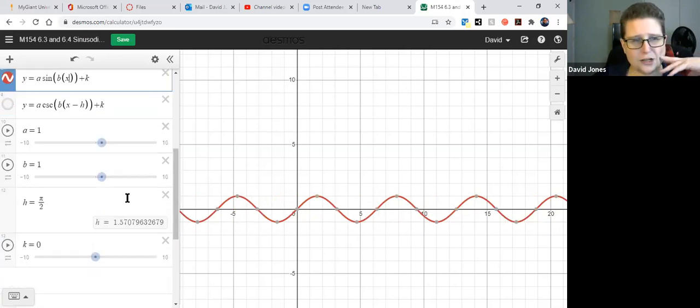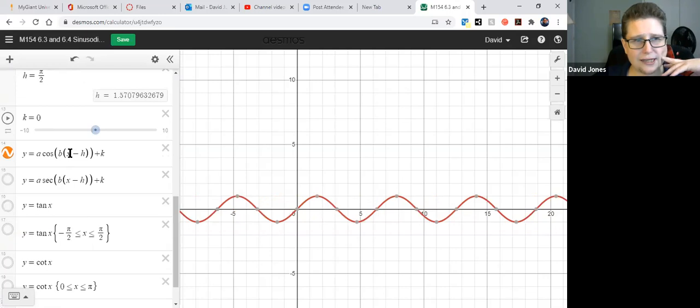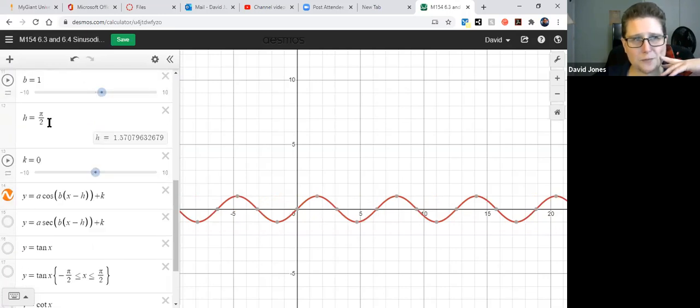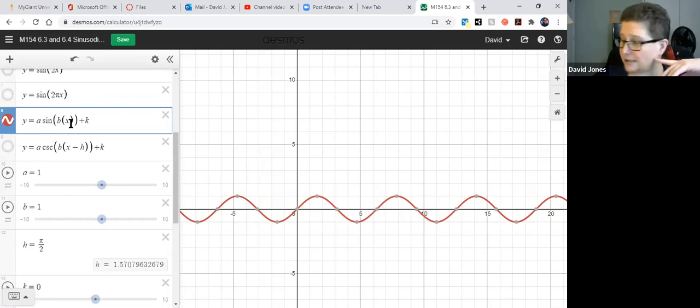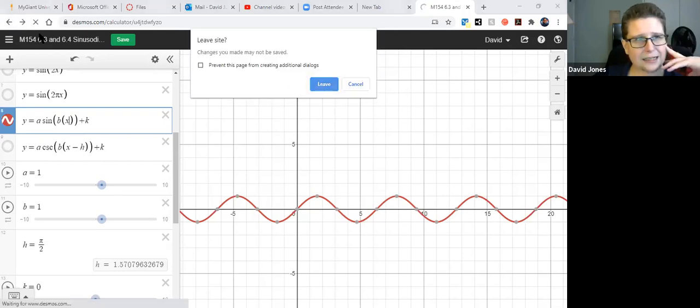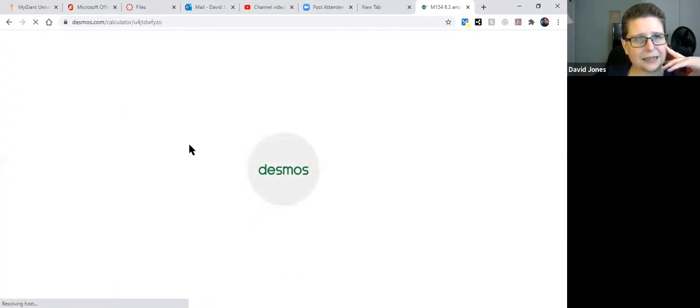The first one I told you, when cosine is x minus something, x minus pi over 2 is the same graph as sine of x. So they do that type of stuff. And I'll leave that, come back to it. So it resets the stuff.